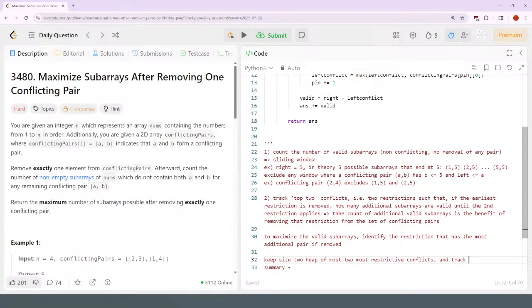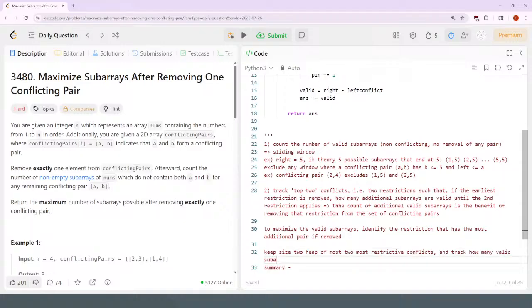and track how many valid subarrays is possible based on any pair being the most restrictive.